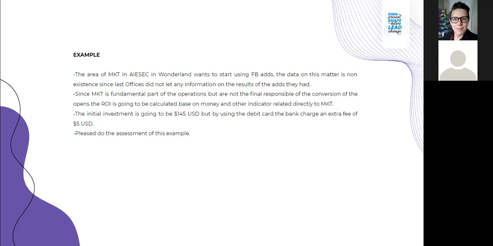The last comment here in this example is the initial investment is going to be 145 US dollars, but by using this money with the debit card, the bank charges an extra fee of $5. If you see, we are dividing the total amount.